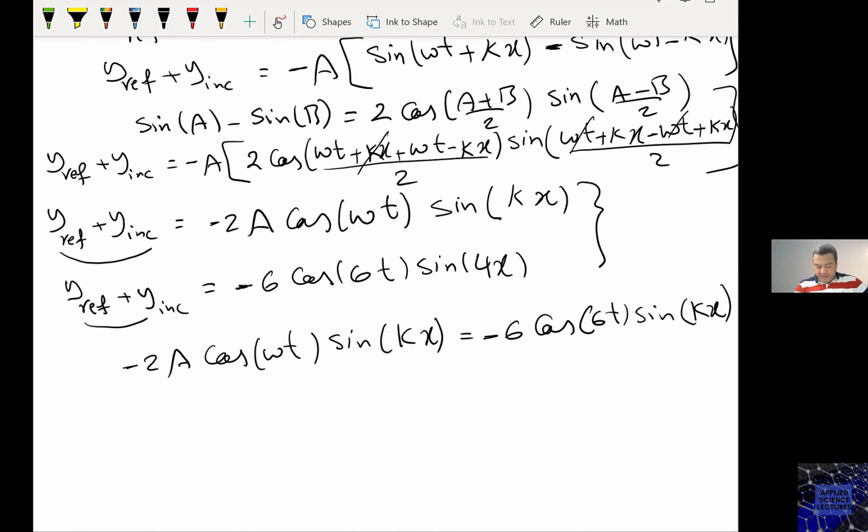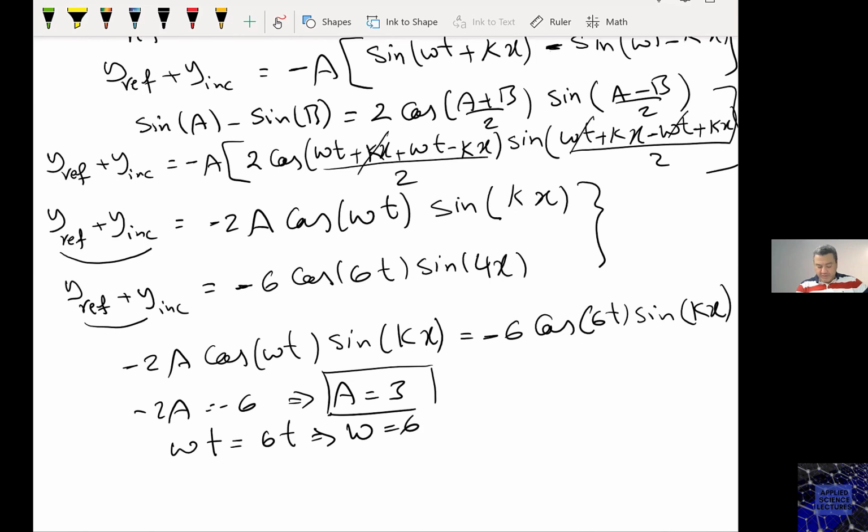So in this case, I have minus 2a equals minus 6, which means a is 3. I have omega t equals 60t, omega is 60. I have kx equals 4x, which means k equals 4.